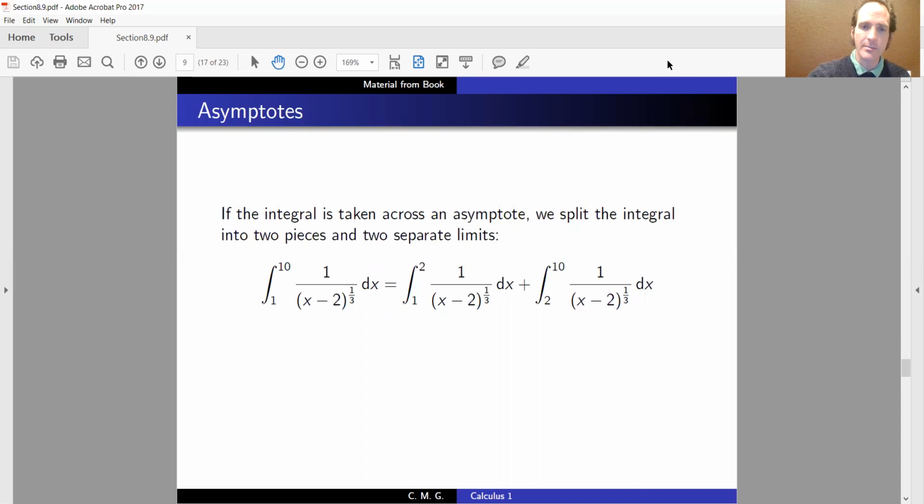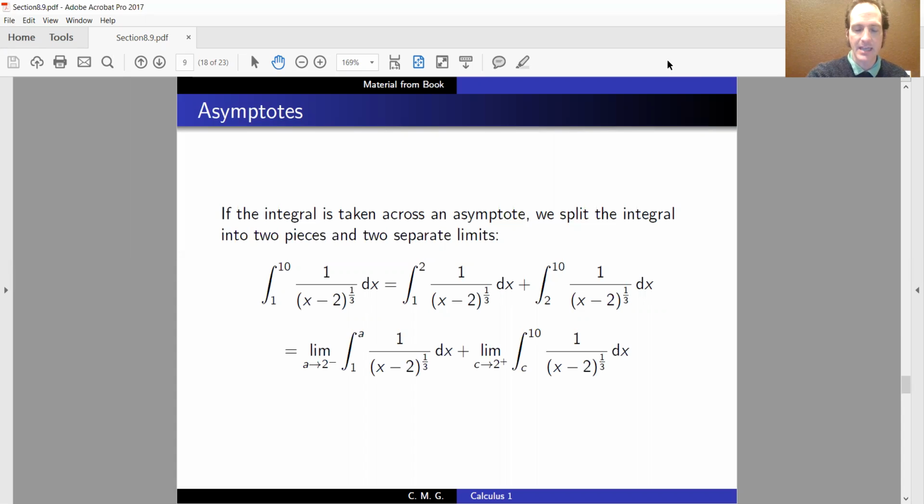The integral from 1 to 2, I'm going to take a limit to evaluate that one. So it's the limit as a goes to 2 from the left, integral from 1 to a, 1 over (x minus 2) to the 1/3. And then the other one, 2 to 10, is the limit as c goes to 2 from the right, integral from c to 10 of 1 over (x minus 2) to the 1/3.